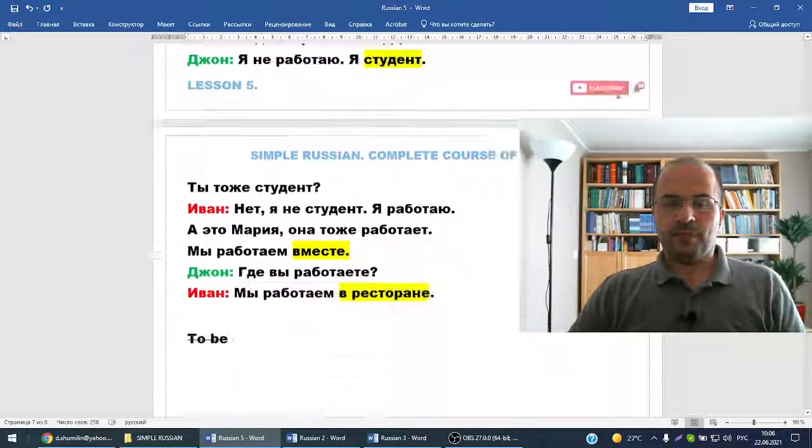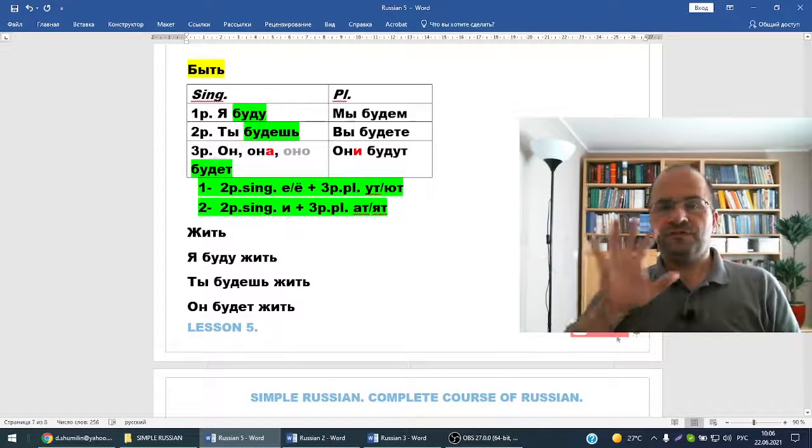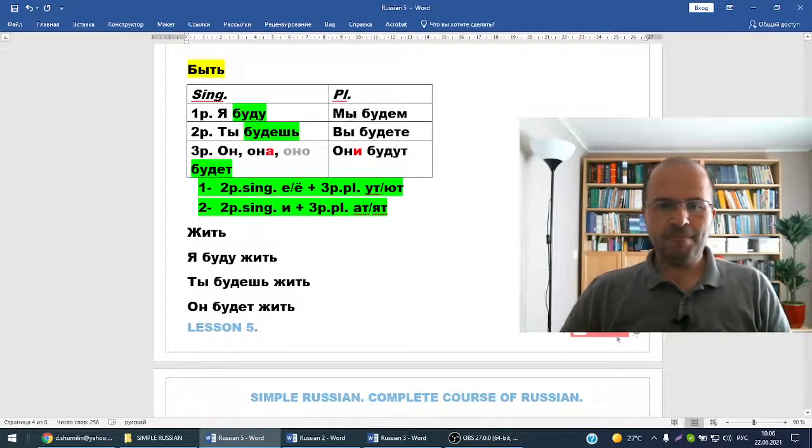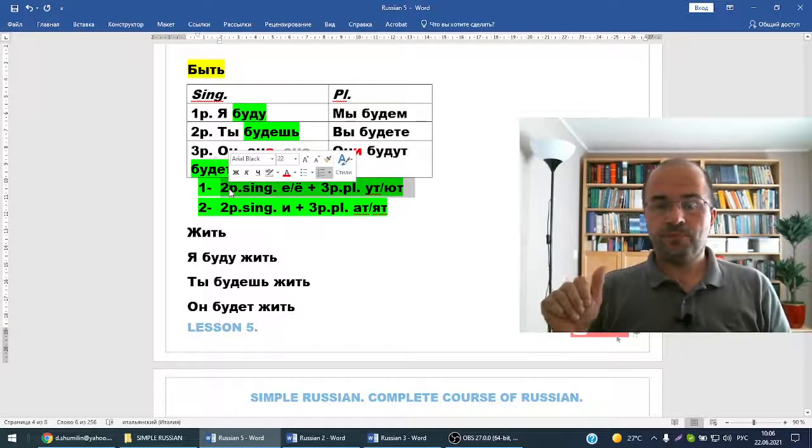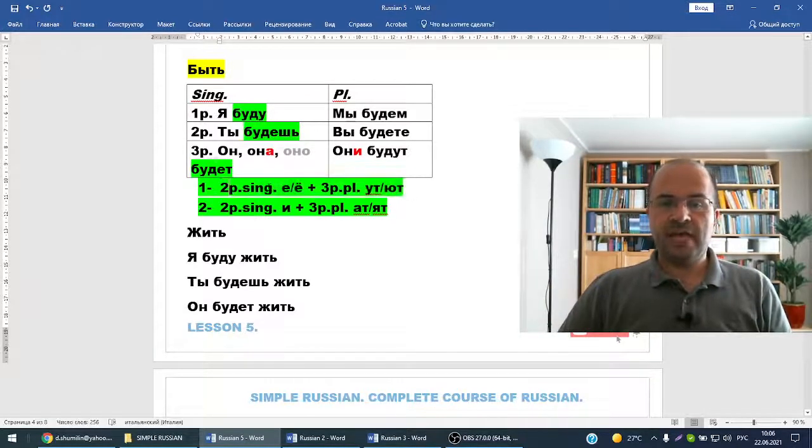So far, we learned 5 Russian verbs, okay? And all these verbs, as we have learned today from our very brief view of the conjugations, belong to the first conjugation because they have ye, yo in the second person singular, o and ut, or yut in the third person plural, right?